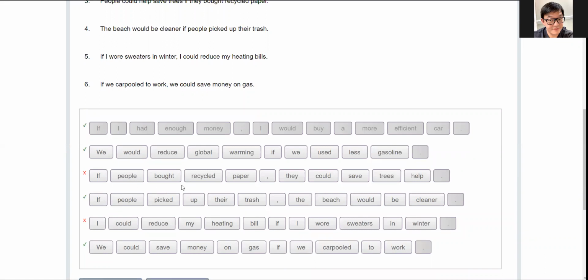If people bought recycled paper, they would help save trees. It's something like that. Don't worry about it. Okay, let's stop here. Let's go for a break and we come back.